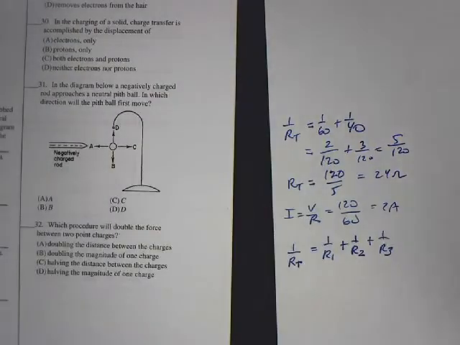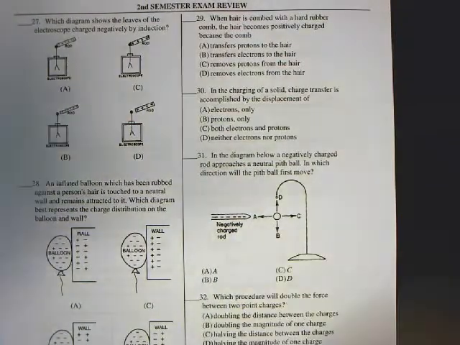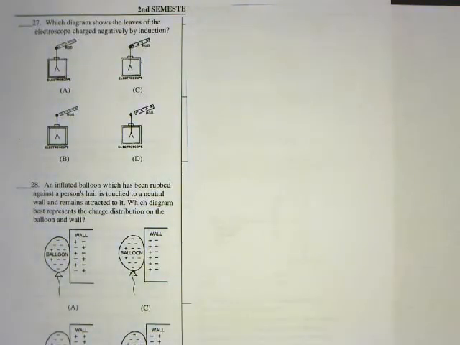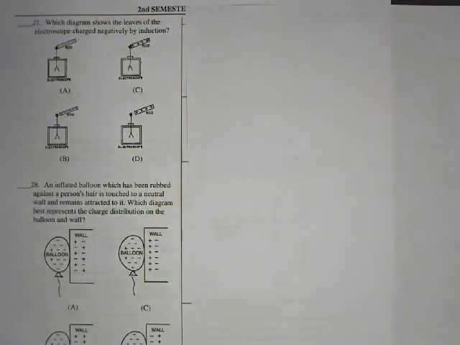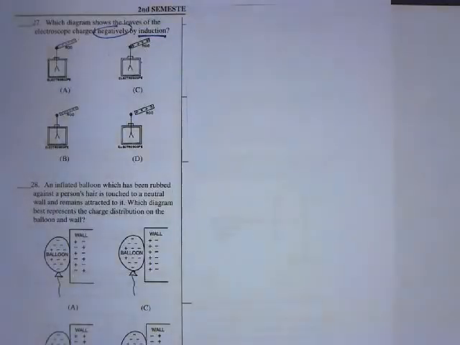Number 27. Now we're back to static electricity. Here we have a picture of an electroscope. Which diagram shows the leads of the electroscope charged negatively by induction? There are two key words here. Number 1 is negatively.